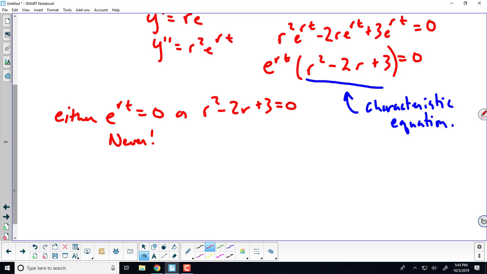So I can solve this equation, in this case by factoring, but it's a quadratic equation, so I've got all the tools from algebra. So this factors as r minus 3 times r plus 1 equals 0, which gives us r equals 3 or r equals minus 1. So as long as r is one of those two values, then e to the rt will be a solution.